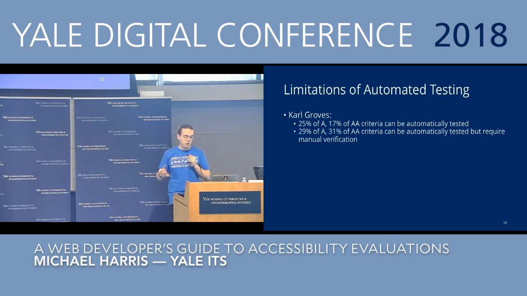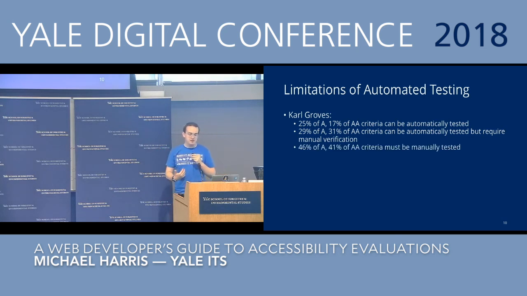And then, 29% of single A and 31% of double A criteria can be automatically tested but require manual verification. Which leaves about 46% of single A and 41% of double A that have to be manually tested, where automated tools don't help at all.